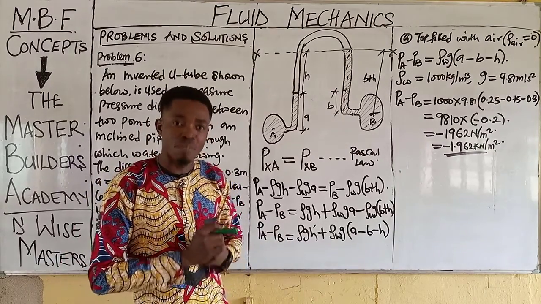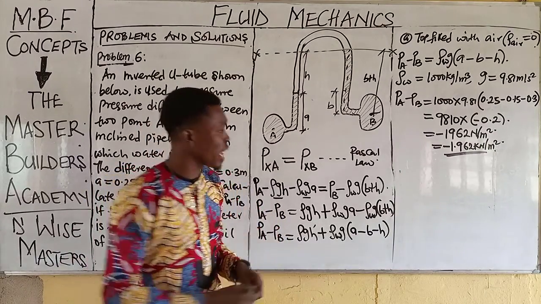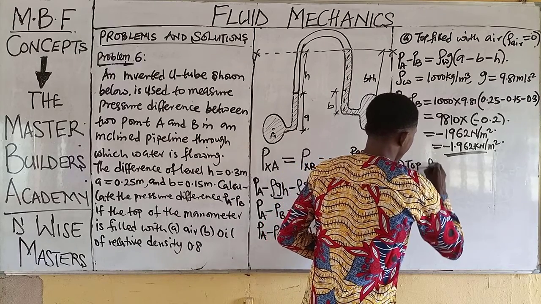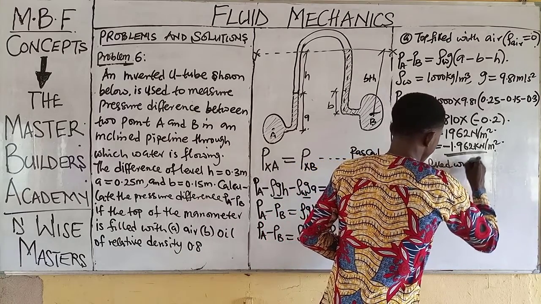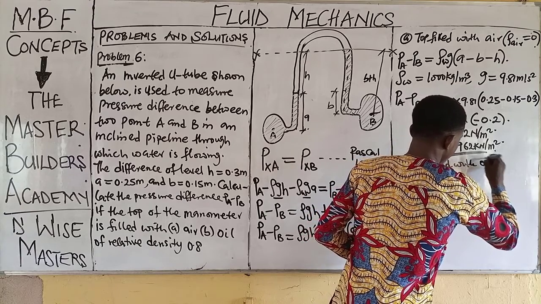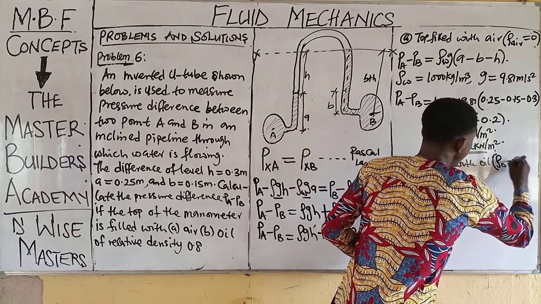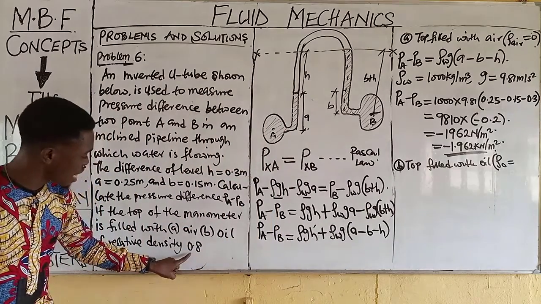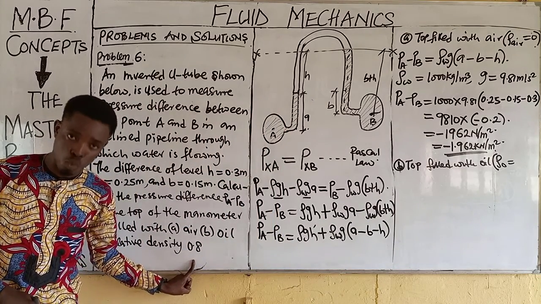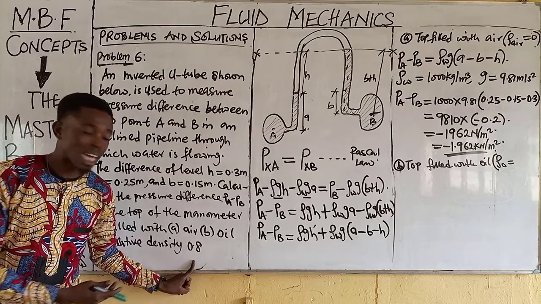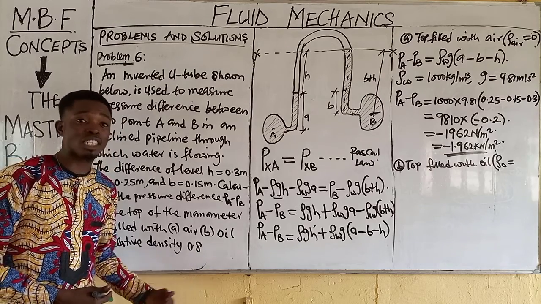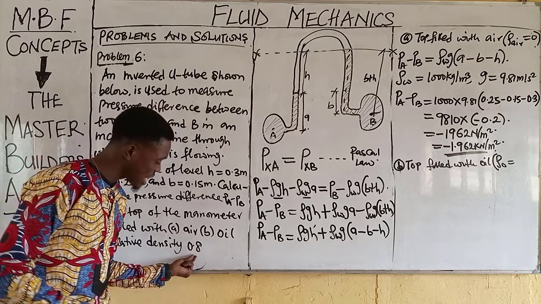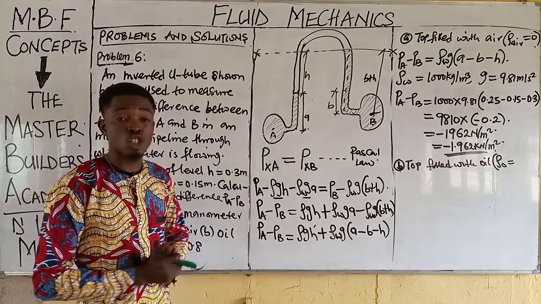Now, what is the value when it is filled with oil? So we can call this the top filled with oil. Now, what is the density of oil? We know that oil has a relative density of 0.8 as given in this question. And what do we do to this guy? To convert the relative density of oil to the density of oil, we simply multiply this 0.8 by 1000, which is the density of water.